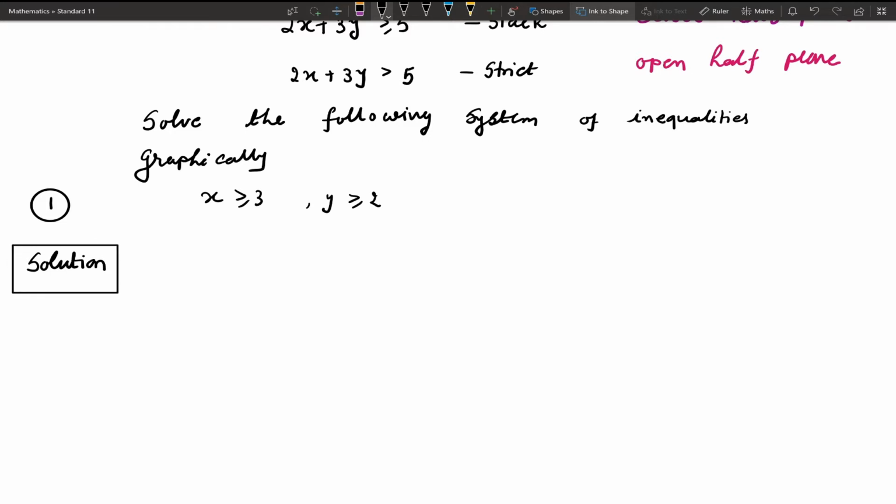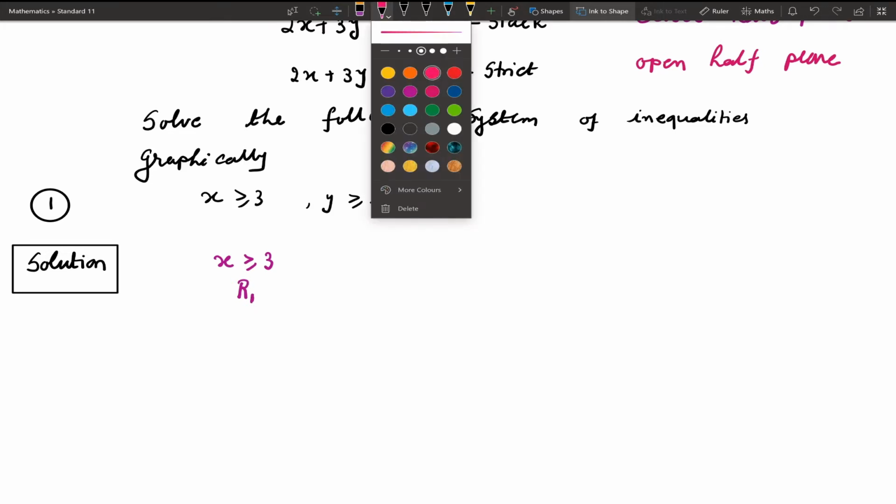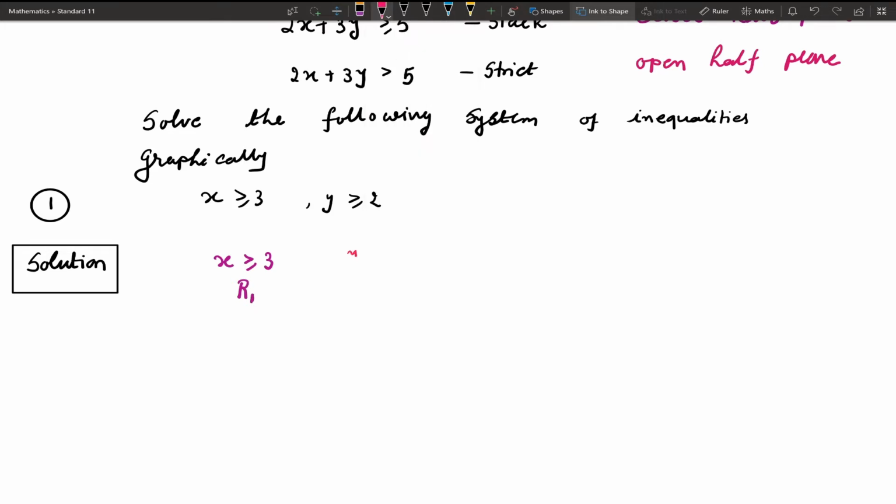Note that for the first inequality, x greater than or equal to 3, we denote the solution region obtained in the graph by R1. For the second inequality, y greater than or equal to 2, suppose the region is R2.